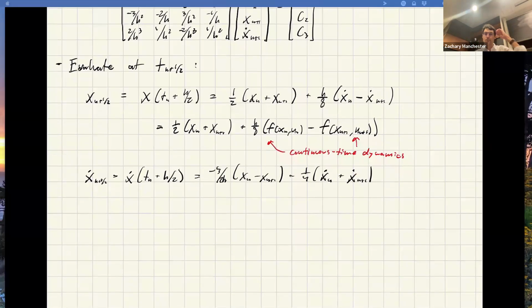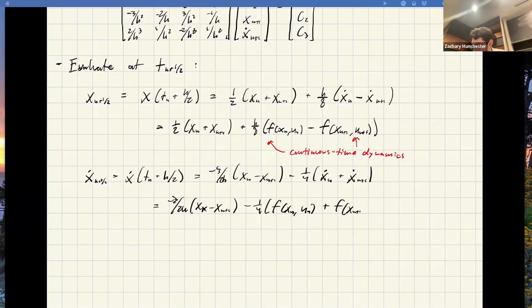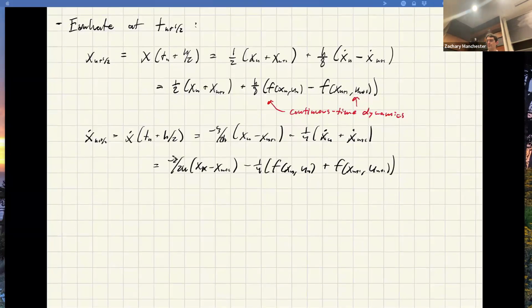Same thing, we're going to plug the f's in for the x dots. Okay, so that's that. Then remember, we also have the u's, and for that, we're assuming linear interpolation.